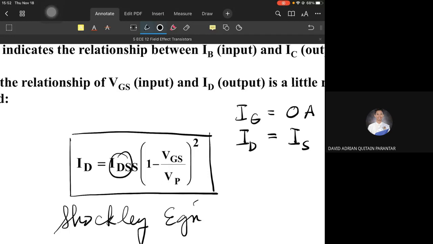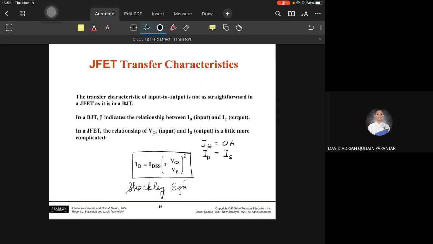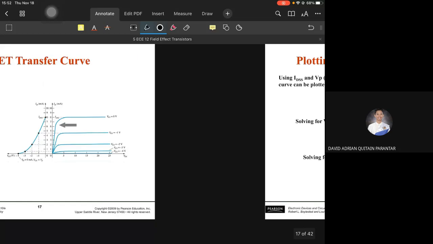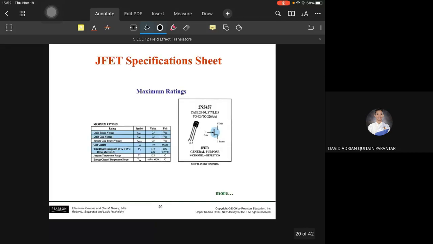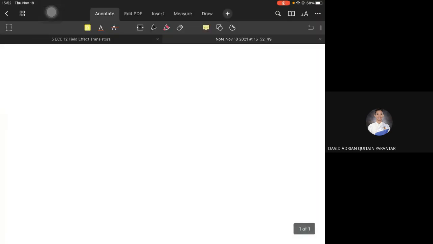So again, the Shockley equation defines the relationship between ID and VGS. I think that is sufficient for us. That information is sufficient for us to start analyzing JFET amplifier circuits.